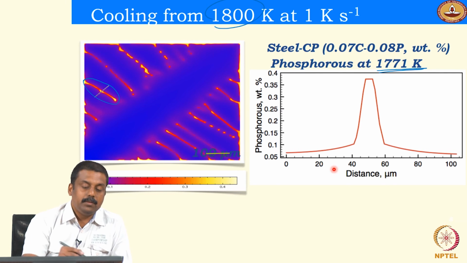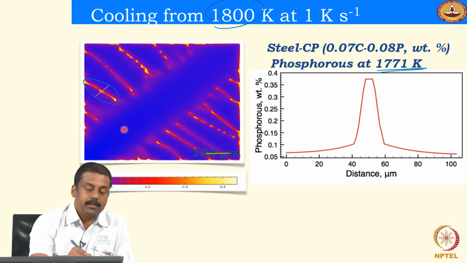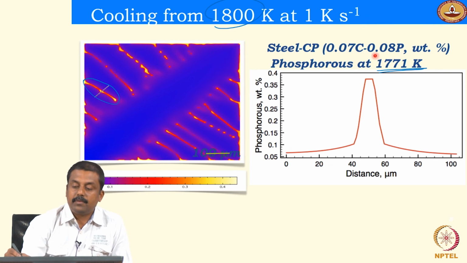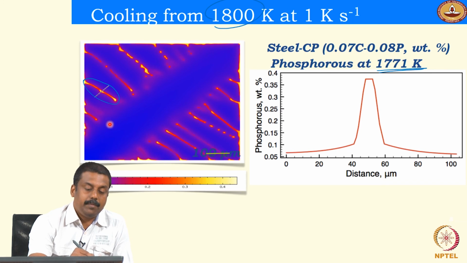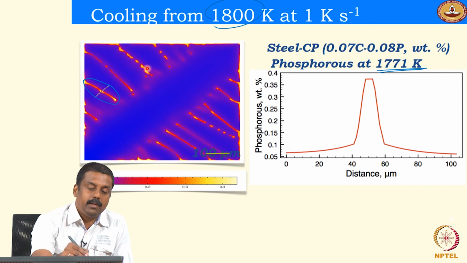And this is due to the partitioning of phosphorus from the delta ferrite towards the solidifying liquid. So to begin with, the entire liquid has a phosphorus concentration of 0.08, and because of the partitioning of phosphorus into the solidifying liquid, there is enrichment of phosphorus at the last solidifying liquid regions.